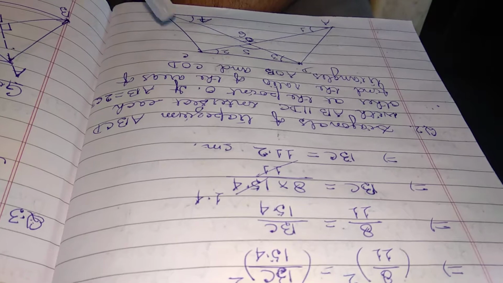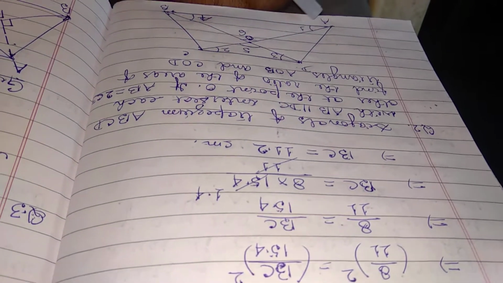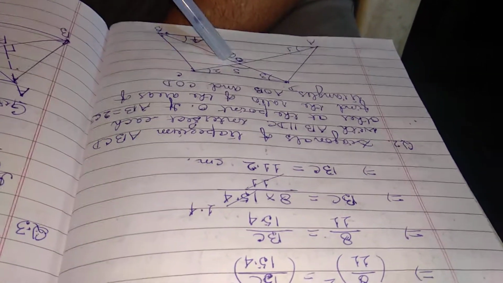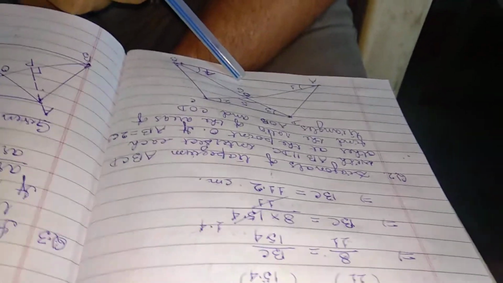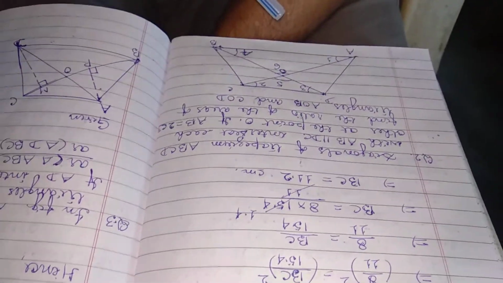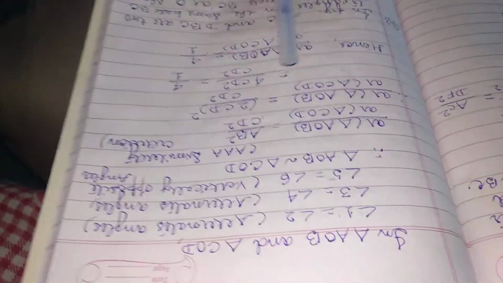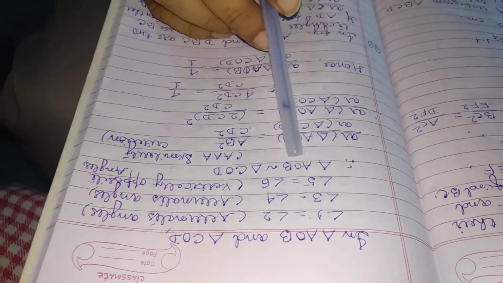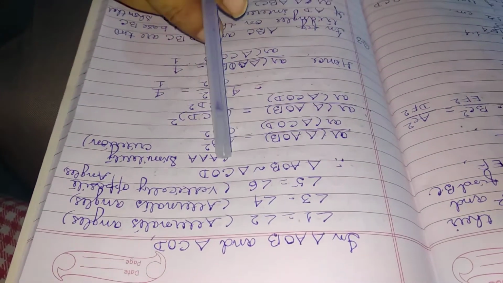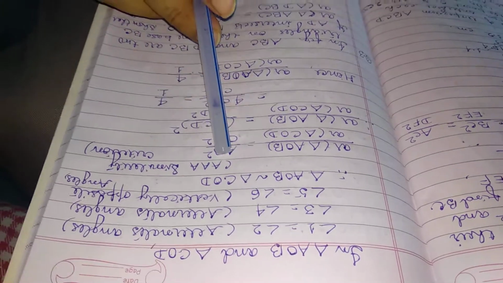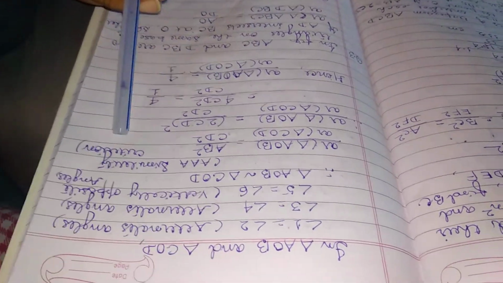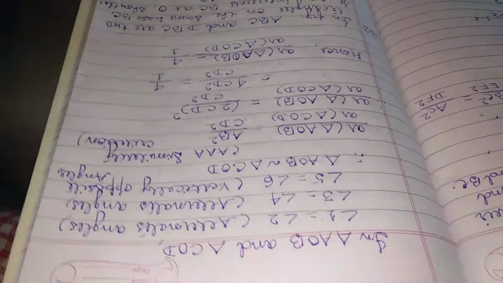And angle COD is equal to angle AOB, these are vertically opposite angles. Therefore, we got all these three relations for being similar triangles. Therefore, triangle AOB is similar to triangle COD by the AAA similarity criterion.